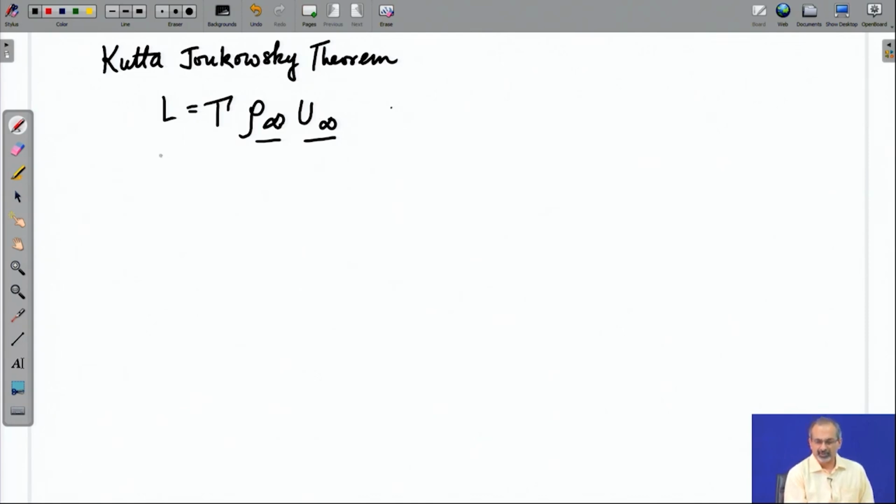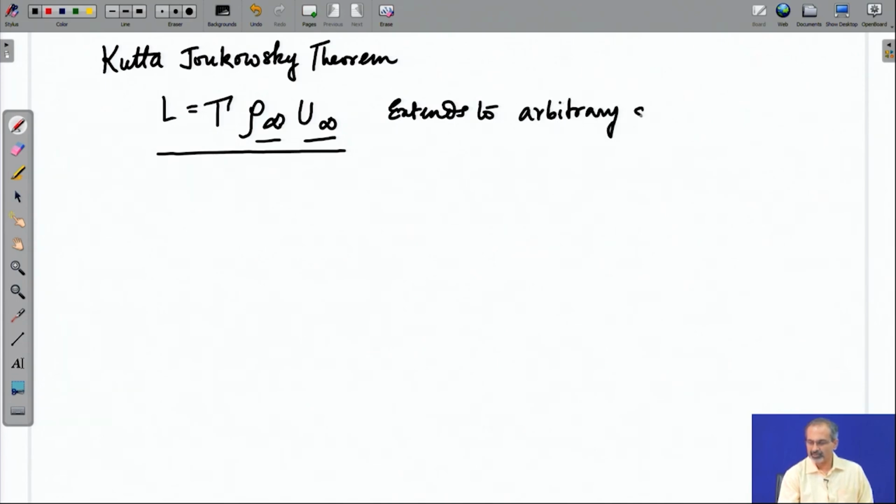Now, the concept of the Kutta-Joukowski theorem extends to arbitrary geometries. It is not mandatory that we just look at a cylindrical geometry and have a feeling that this theorem would only apply to such a geometry. It applies in general to arbitrary two dimensional geometry.